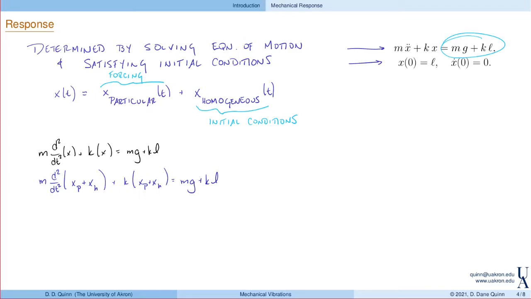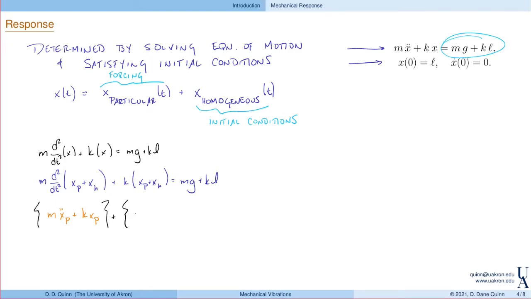All right, so we'll do the following. We'll collect those particular pieces in orange. So I get m xp double dot plus k times xp. And then I'll collect the homogeneous parts.